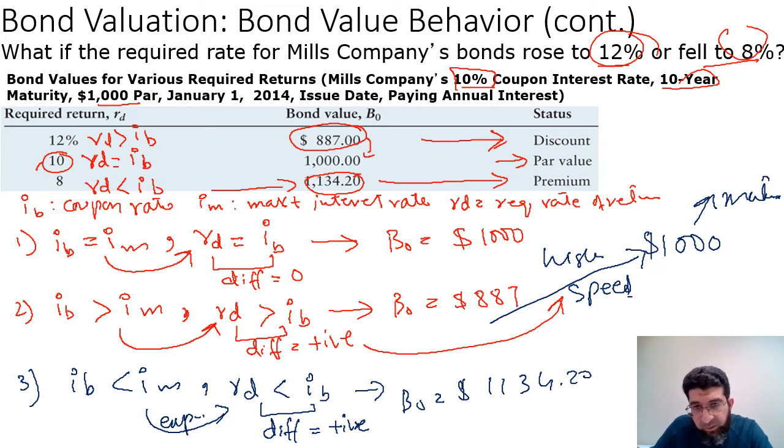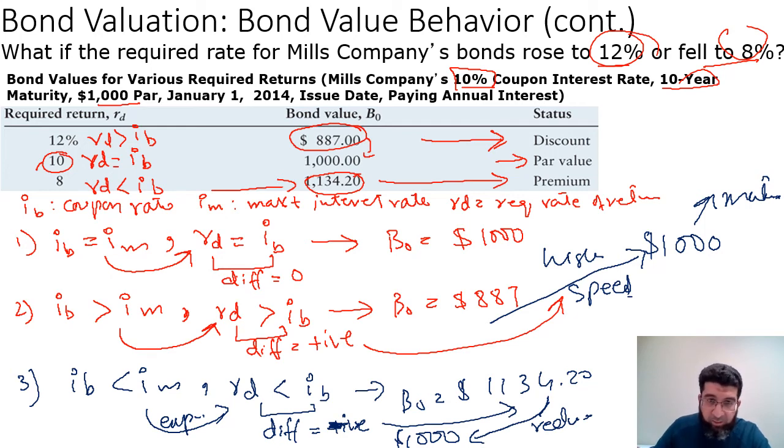One explanation is that this negative difference will be priced as higher than the par value, and over a period of time it will come down, reducing to $1,000 at maturity. So the negative reduces the price and brings it back to $1,000, while a positive difference increases it back to $1,000. So when the interest rates are lower, when this condition exists, it's a premium bond. When this condition exists, it's a discount bond.